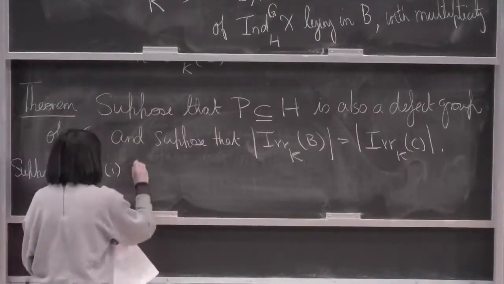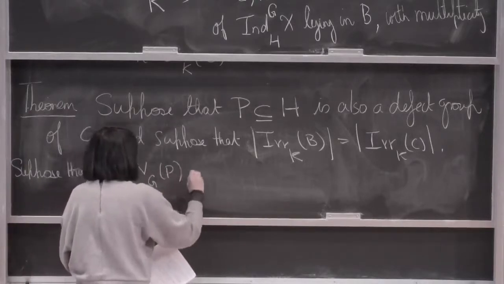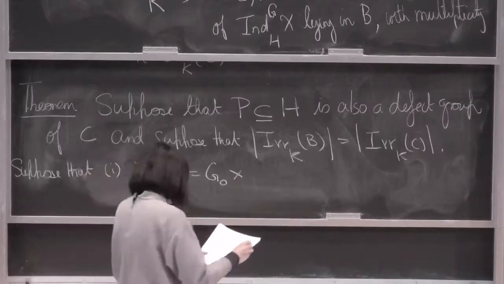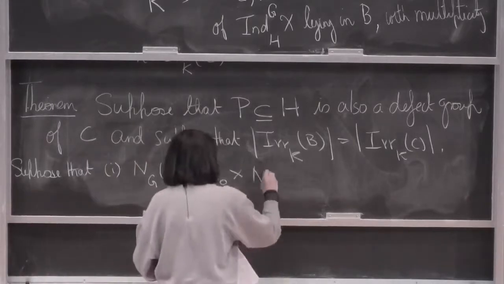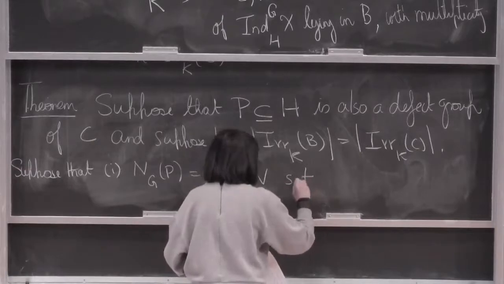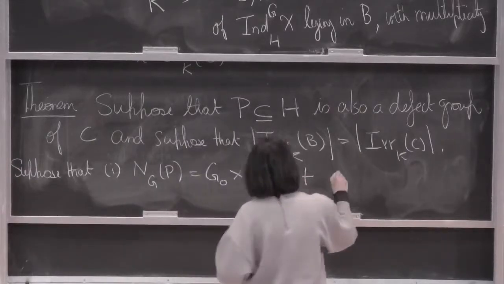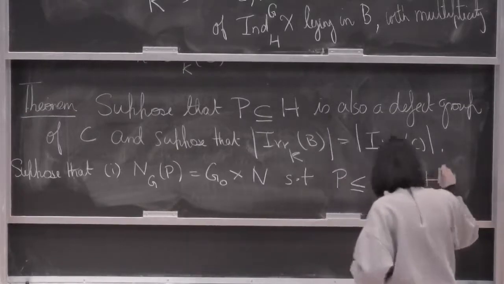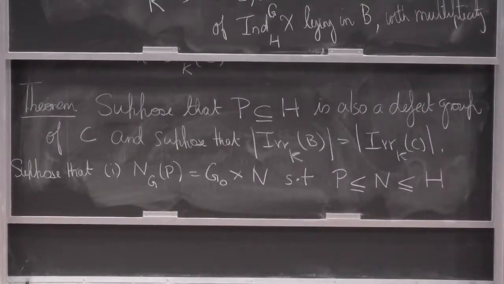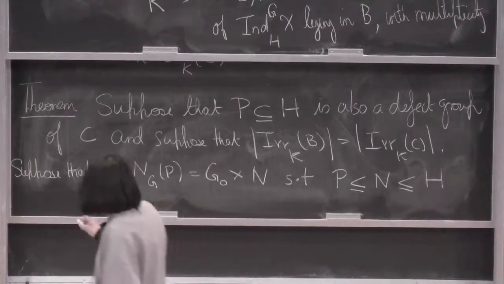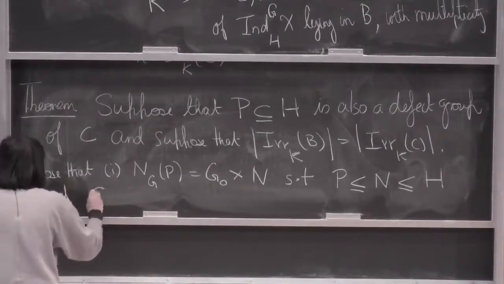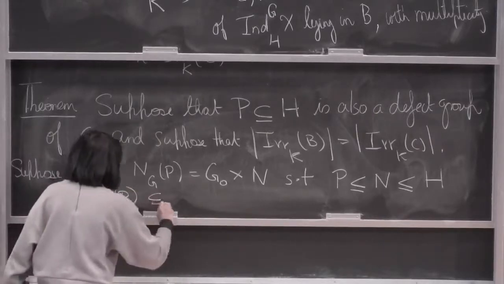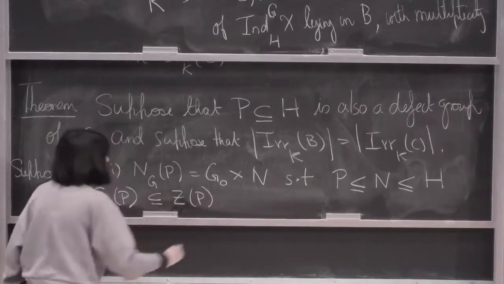So suppose that the normalizer in G of P can be written as a direct product of a group G0 with a group N, such that P is actually sitting inside N, and N is sitting inside H. Okay, and if I look at the centralizer in N of P, I don't get anything much.